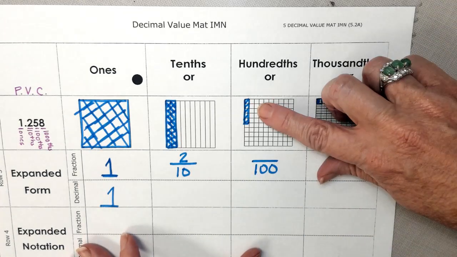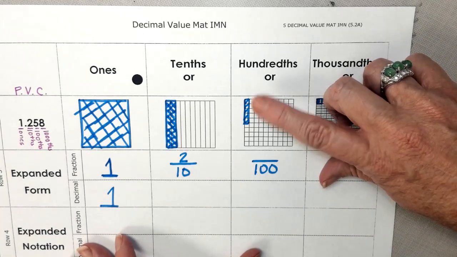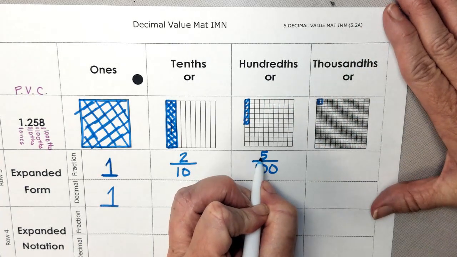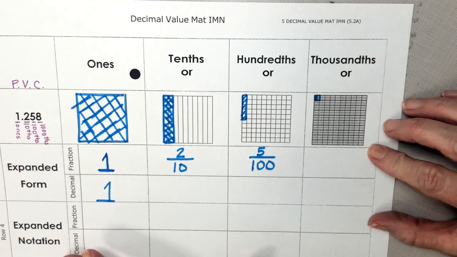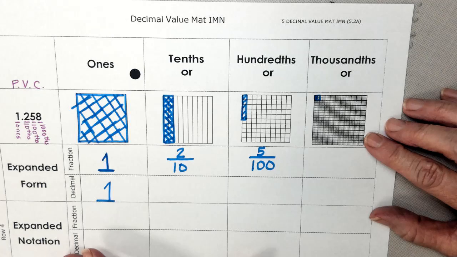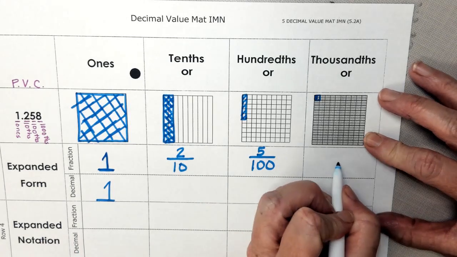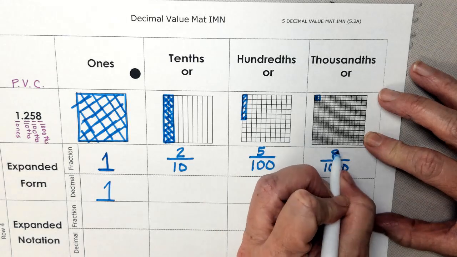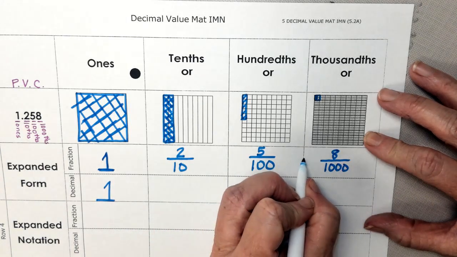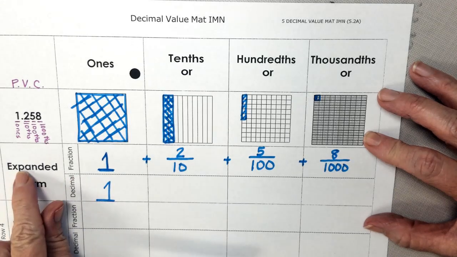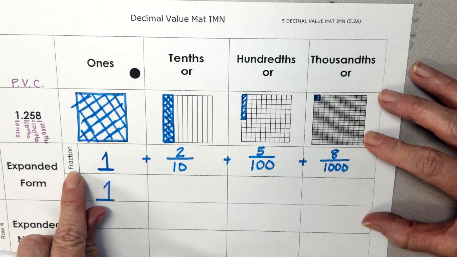And when I look at this individual model, how many pieces did we shade? Carrington. 5. And this last model, how many equal pieces are in this last model, Brian? 1,000. So that's my denominator. And we have shaded in 8. And if I put my addition sign between them, then I have just created my expanded form and fraction form here.